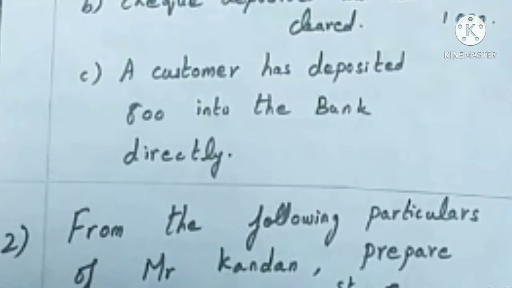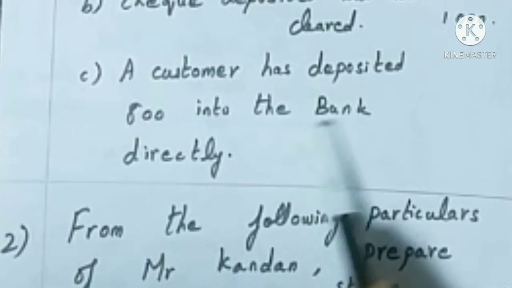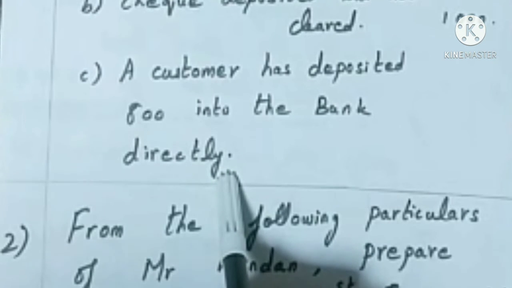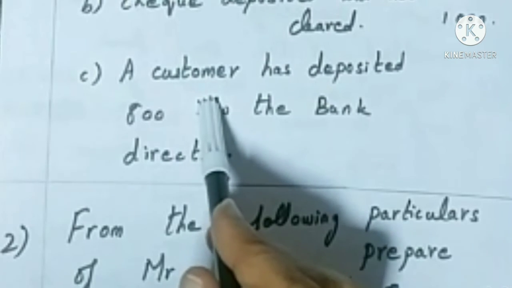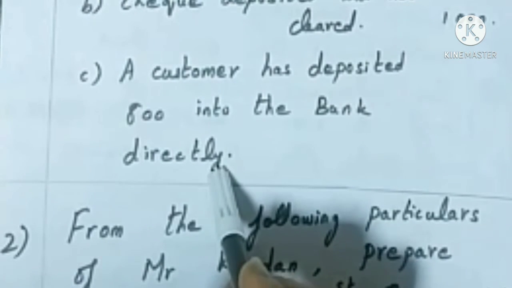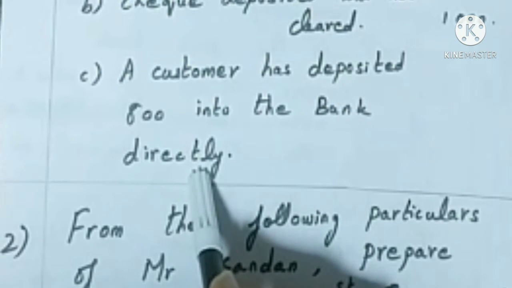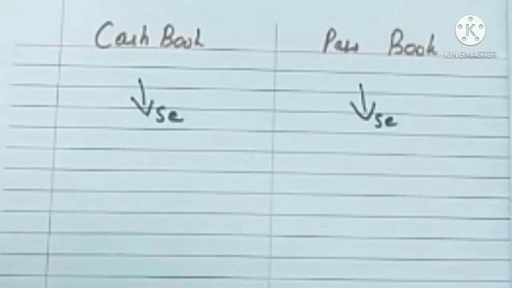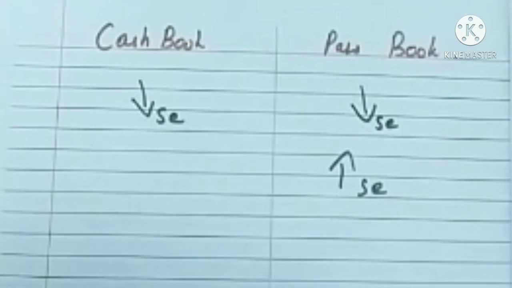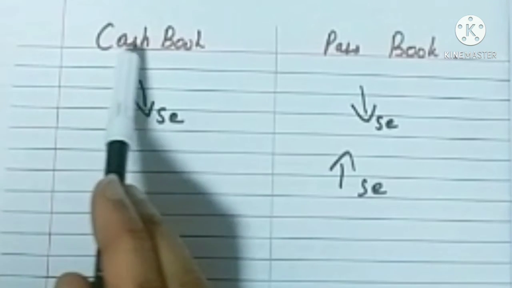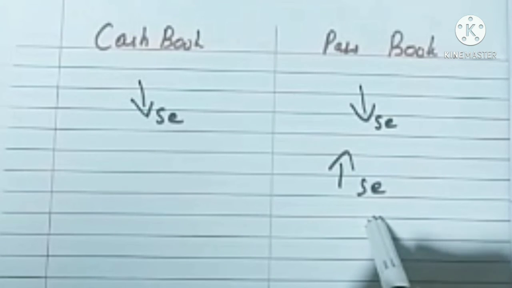Okay, the next one is a customer has deposited ₹800 into the bank directly. Here what happens? Our passbook balance is increased. That is, a customer is going to our bank and crediting our account. We are not aware of the fact, so we haven't made any entry in the cash book. But the passbook balance has increased. I already said that I am going to start from cash book and end up in balance as per passbook, and we have to focus only on passbook.